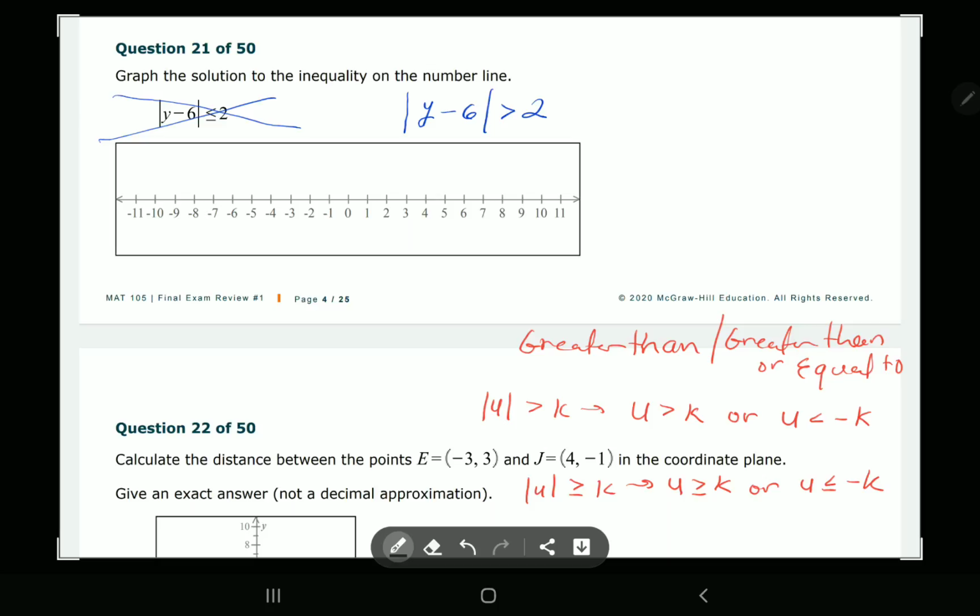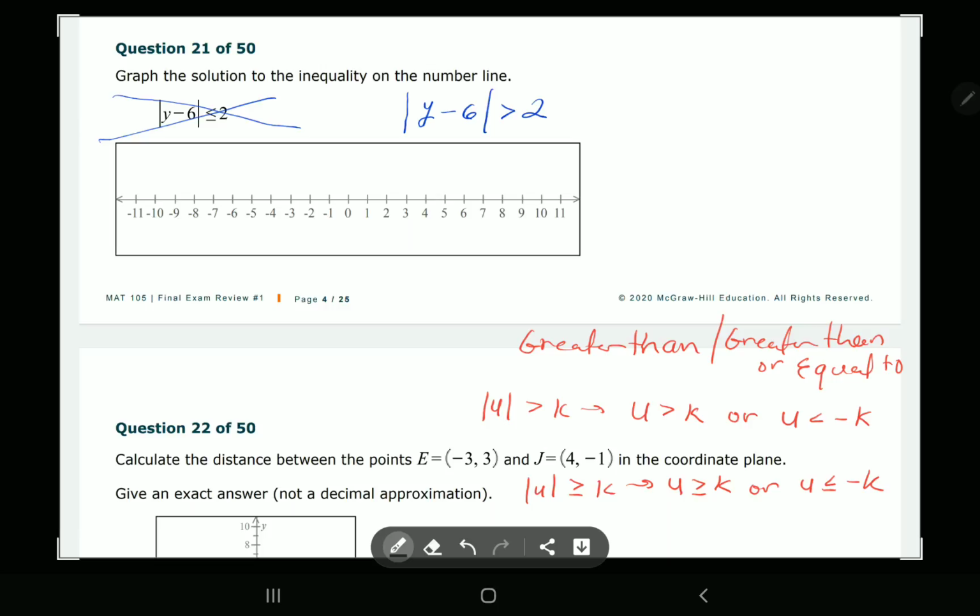The same rule applies if I have the greater than or equal to, where the absolute value of expression u is greater than or equal to k can be transformed to expression u is going to be greater than or equal to k, or expression u is going to be less than or equal to negative k.